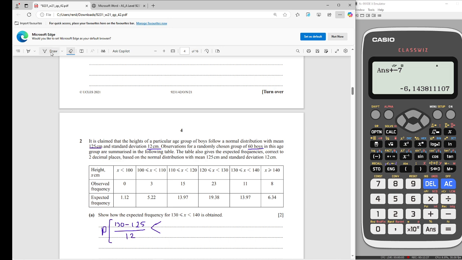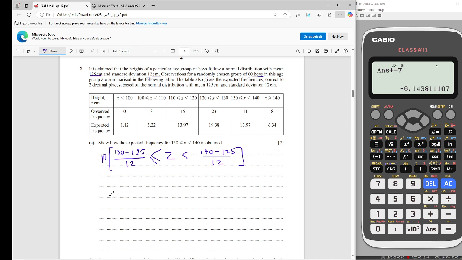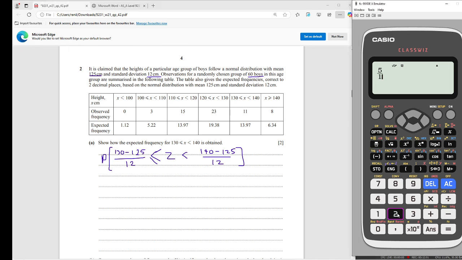Yeah, so z is going to be greater than or equal to z and lesser than, so when you do 140 we get this. Okay, so when we do this we get 5/12.